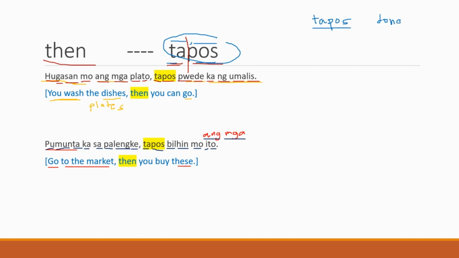But if you have ta and a comma plus the word pause, it will become then. Okay? Tapos, then. Tapos, done.